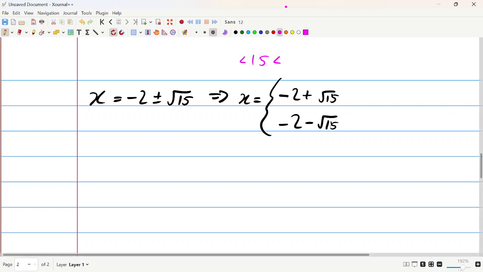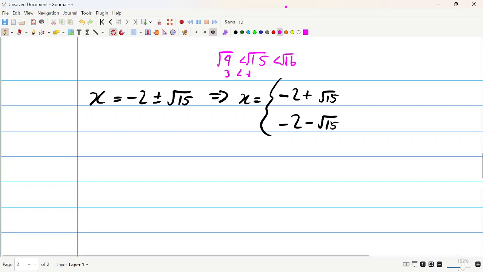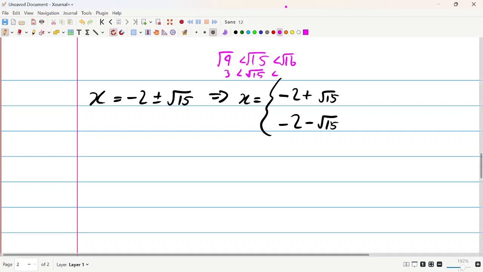Which perfect squares do we have? It lies between 9 and 16. If we take the square root on all sides, notice we have the square root of 15 in the middle, so we have root 9, root 15, and root 16. So root 15 lies between 3 and 4.